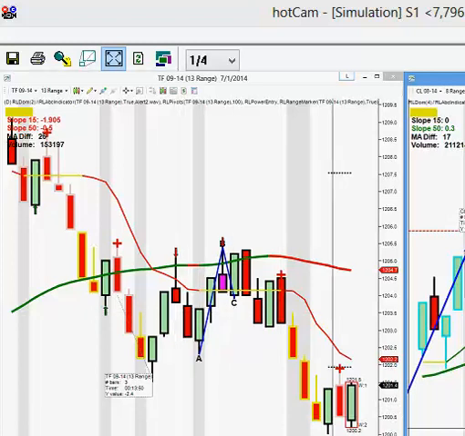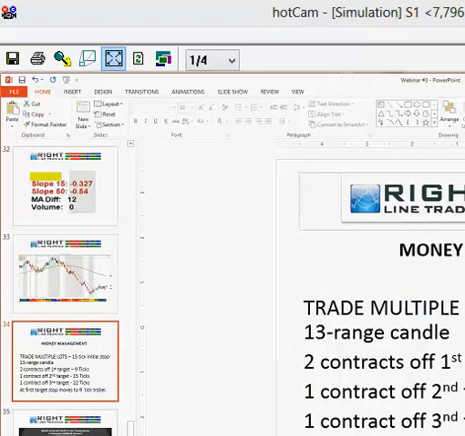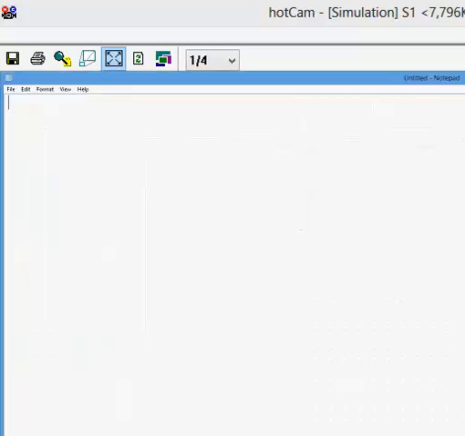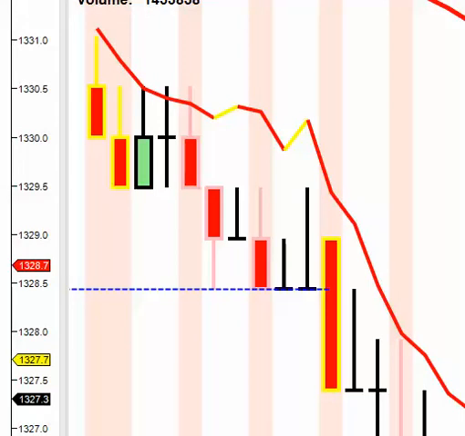Now what I want to do is go back to the slides. I think I'm going to have to reshoot the chart. Just give me a second. Just going from slides to platform and back.